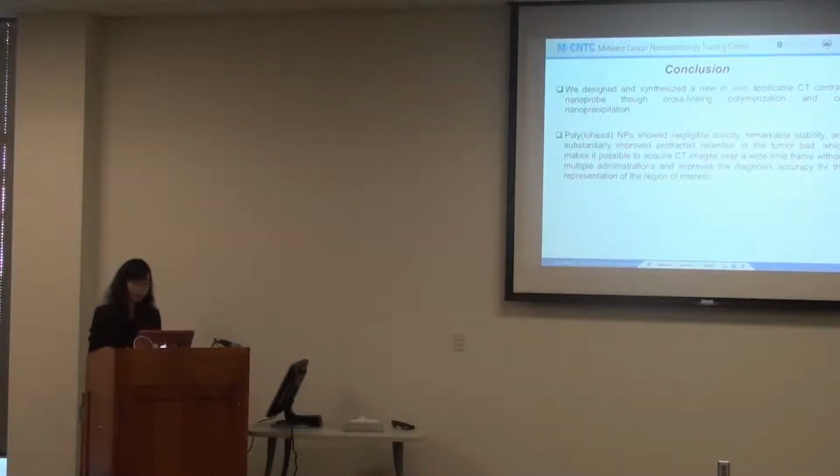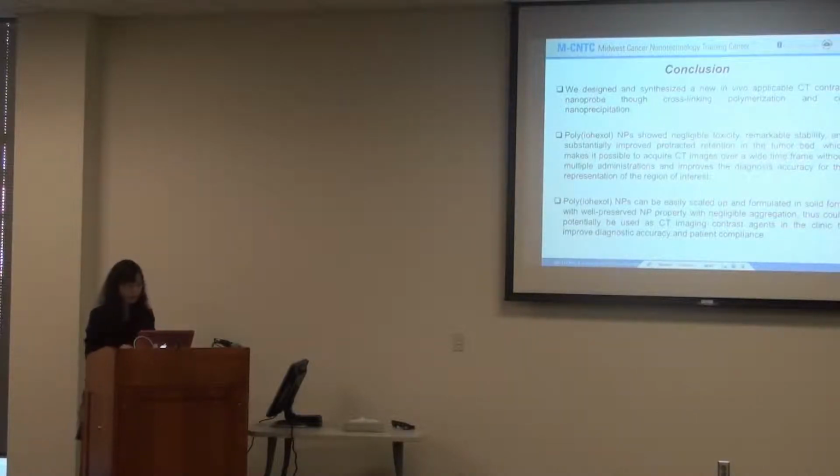Especially, it could be possible to elongate the time window for more accurate diagnosis of patients. And because the whole strategy is so simple, it can be easily scaled up and formulated into solid form with well-preserved properties, without any aggregation observed in the whole process. In this case, it could be used as a CT contrast agent in the clinic to improve diagnostic accuracy and patient compliance.